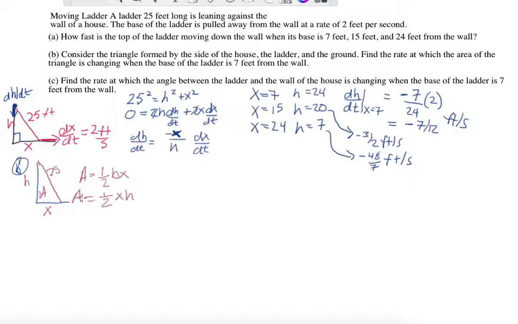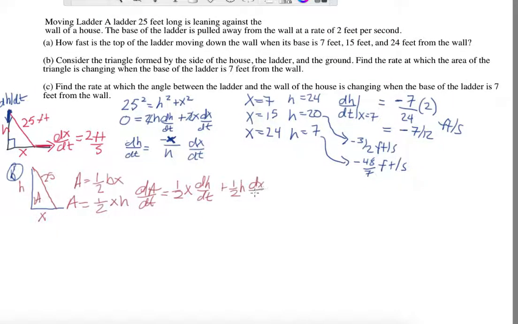Well, to find how the area is changing with respect to time, we're going to take the derivative with respect to time. And since we know that both of these are changing with respect to time, we're going to use the product rule. And so dA dt will equal 1/2 my first times the derivative of the second, so that's dh dt, plus 1/2 my second times the derivative of the first.